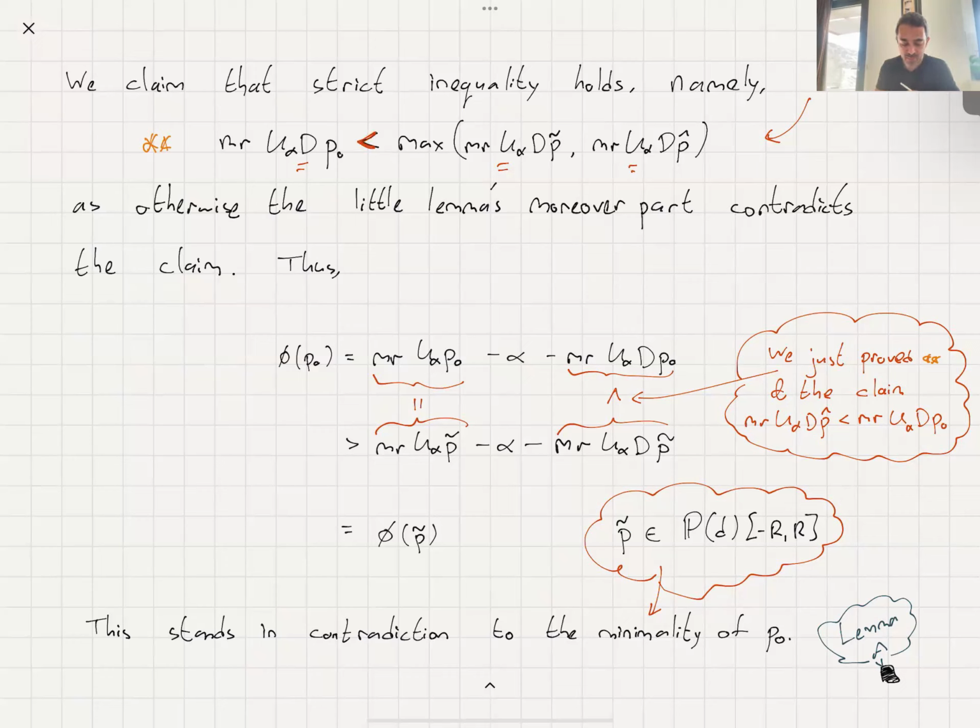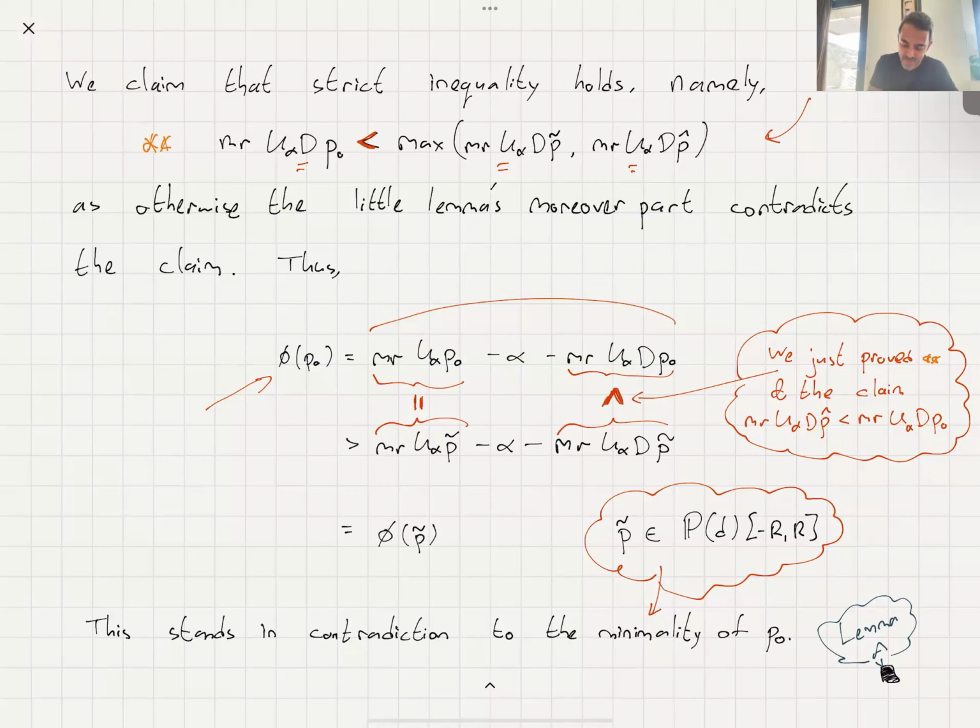And so, okay, what does that tell us? Let's revisit phi of p0. So phi of p0 is this thing, right? And we know by the pinching lemma that the maximum, the 0 and the tilde parts are equal. And now we just showed this inequality.